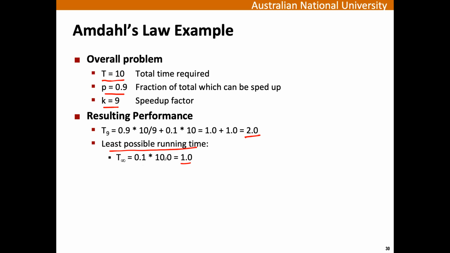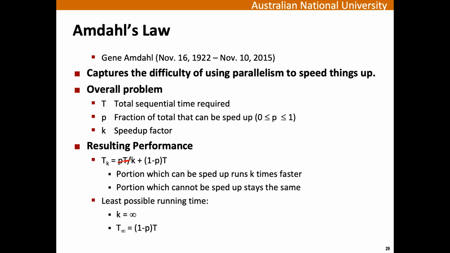You don't have to do any math. It's really very simple. If you make this thing 0, so 10 times. So even if you throw whatever number of processors on this problem, you are bottlenecked by the sequential portion. This is called the sequential bottleneck.